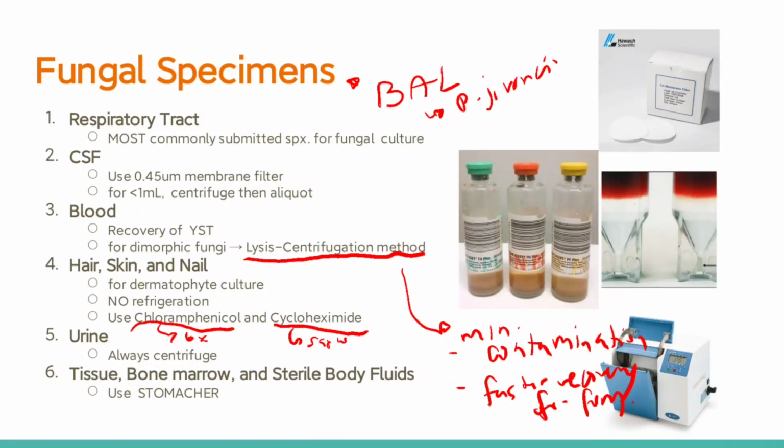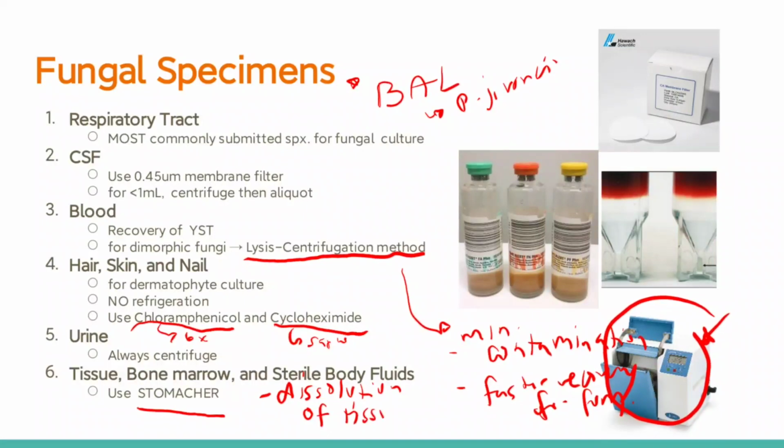Okay? Next, we have the urine. You always centrifuge the urine. That's the only important thing there. And lastly, we have the tissue, bone marrow, and sterile body fluids. Here, we need to use what we call a stomacher. Okay, stomacher. This is the machine. Its purpose is to dissolve the solution of tissue before culture.